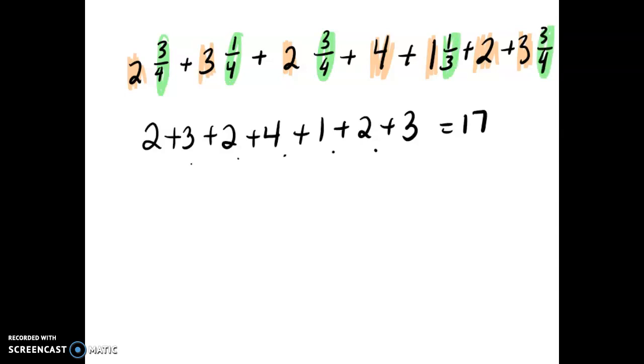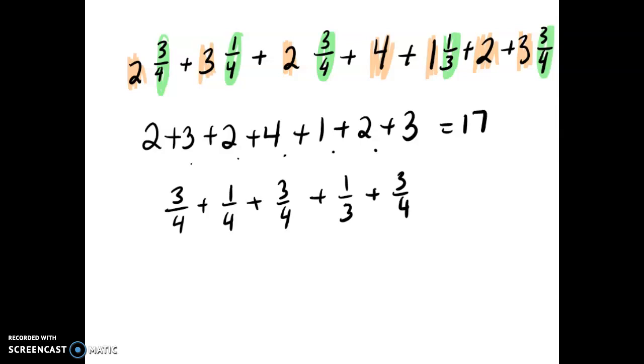Two of these numbers don't have fractional portions, so I don't have to worry about those. Let's put those together: 3/4 plus 1/4 plus 3/4 plus 1/3 plus 3/4.